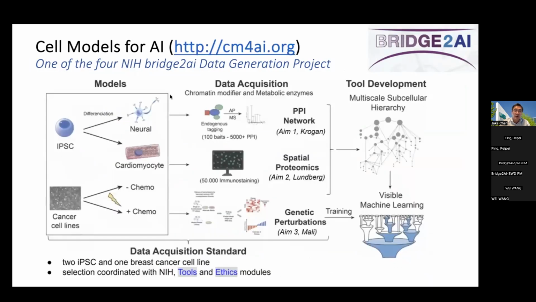Essentially, what we're doing is looking at the subcellular level, at different induced pluripotent stem cells and cancer cell lines. We're looking at PPI information, immunoprecipitation information, immunostaining microscopy information. And then we do genetic perturbation.